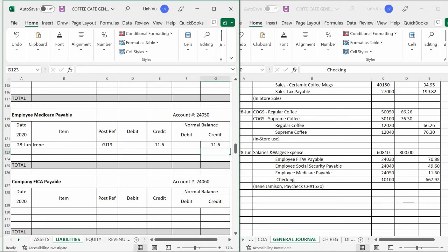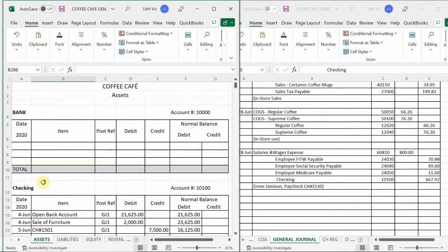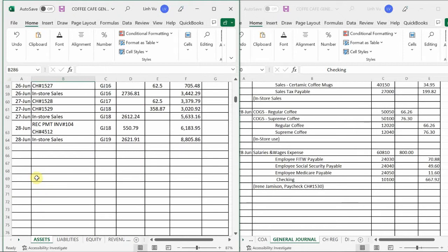Okay. And the last thing we have here is to update our checking account, right? Because we cut a check for Irene. Okay.